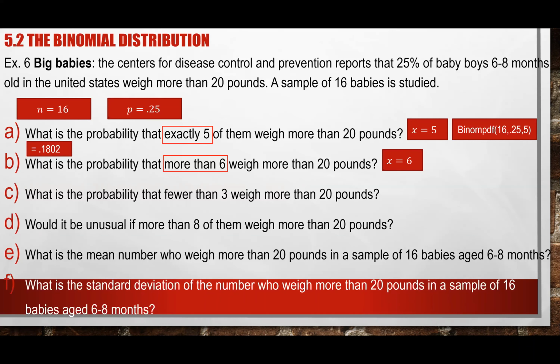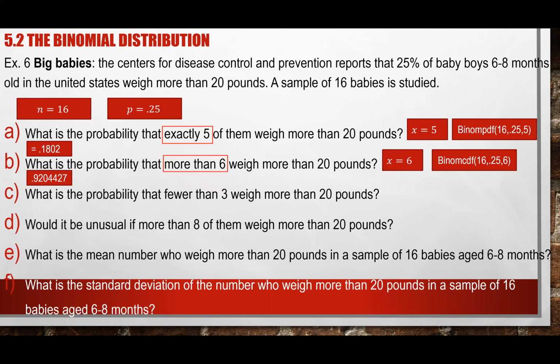So now, reminder, more than 6, I have to use CDF, but is that the answer from the calculator? Hopefully not, right? Why? Because whatever your calculator gives you is the left-hand side: the 0, the 1, the 2, the 3, the 4, the 5, the 6.